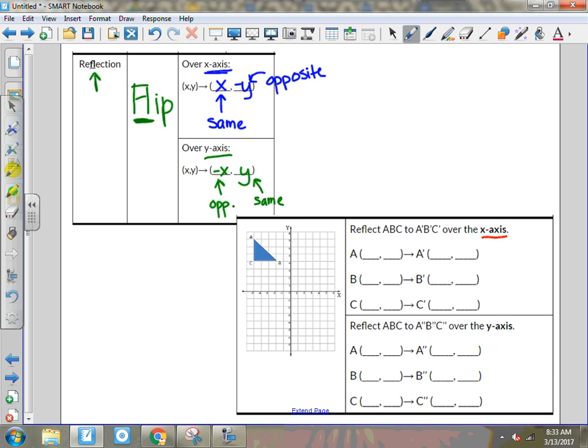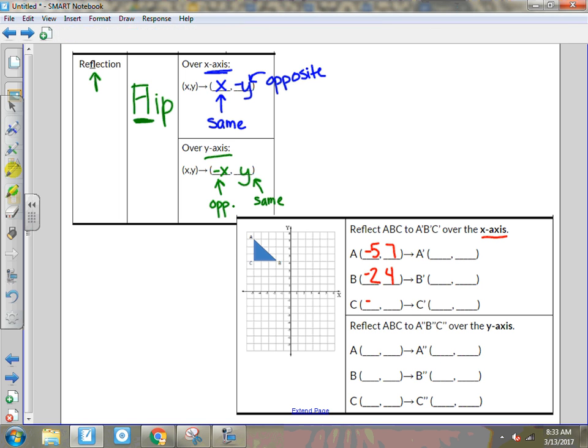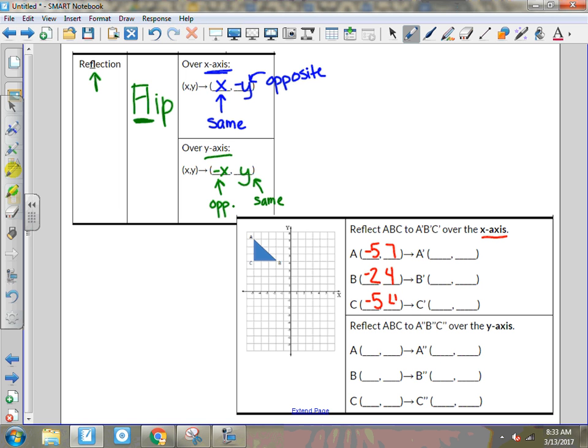So let's figure out where A, B, and C are. It looks like A is at -5, 7. B is at -2, 4. And C is at -5, 4. And that's going to be true down here as well. So I'm just going to copy those down so we can save time a little later.